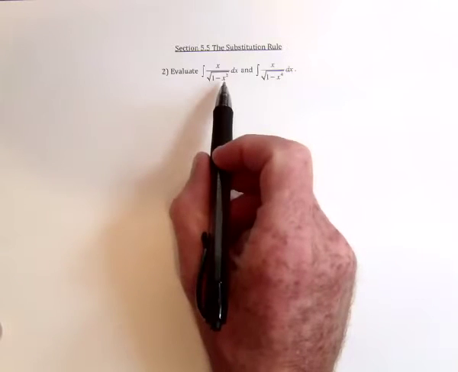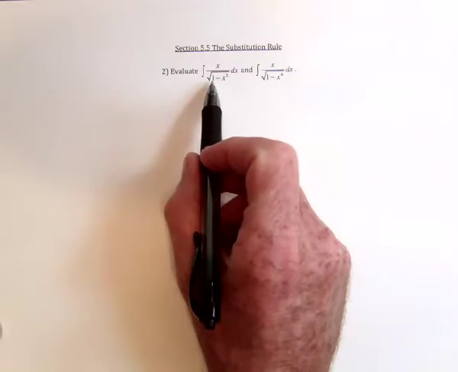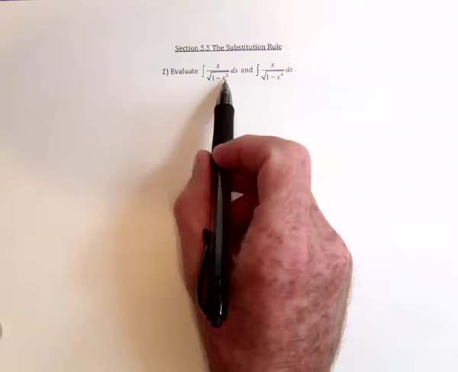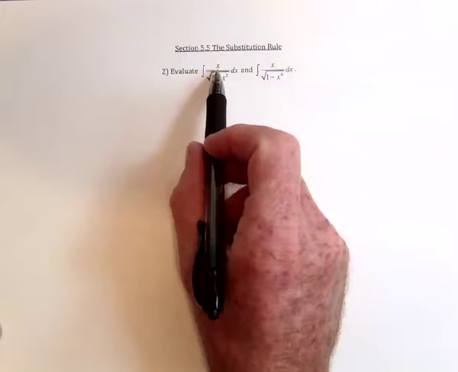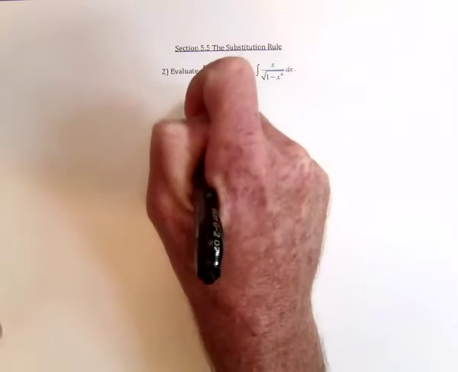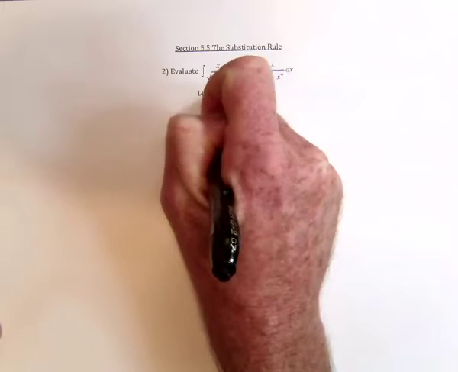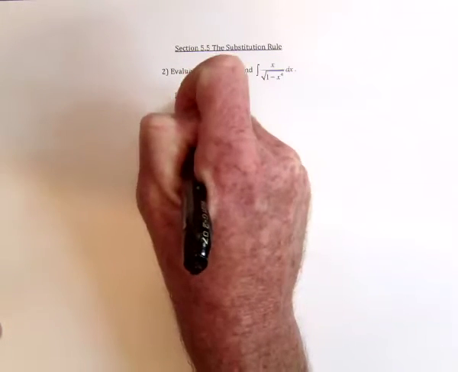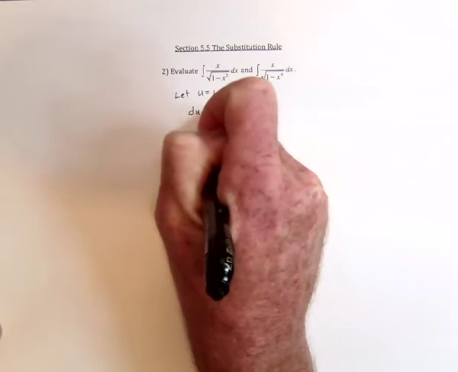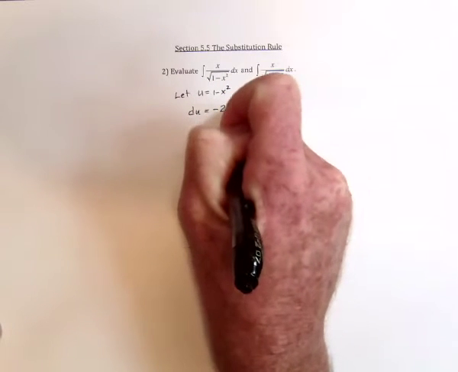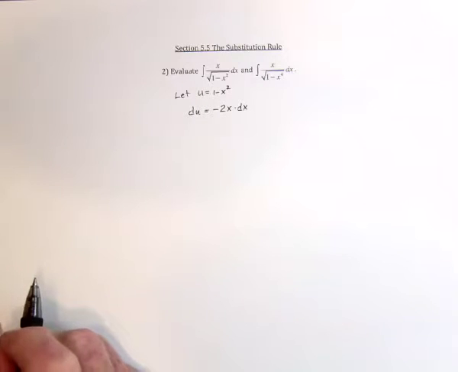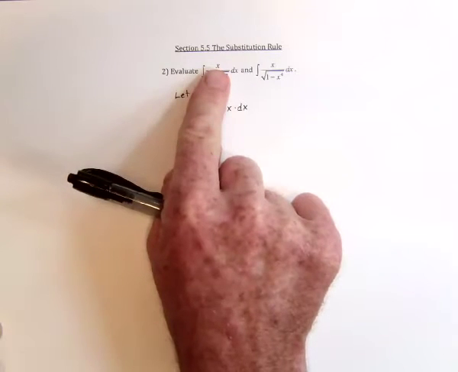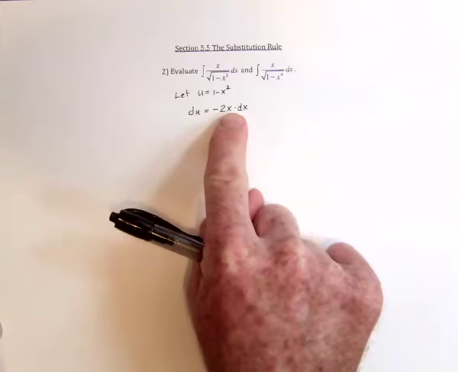So with this one, I noticed that if I let u equal the inside part, the derivative of it would be a 2x, and that's essentially what's sitting right there. So for this one, I would use u substitution, take the derivative of that with respect to x, and this one has x dx, and this one has x dx.